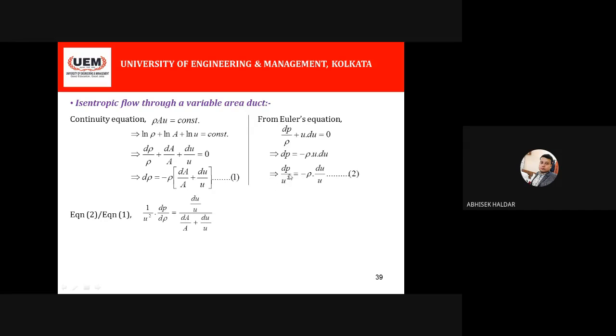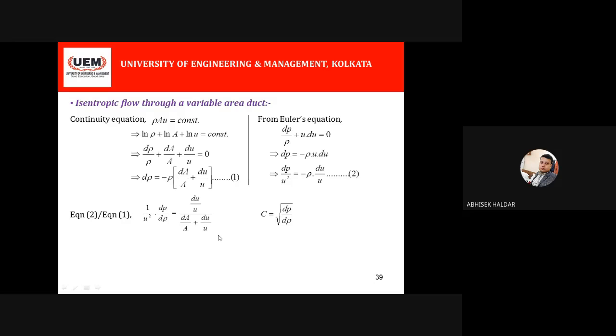Left hand side is very simple. What am I having on the right hand side? You see there is a negative here, and here also I am having one negative, so that minus sign will cancel out. Rho will also cancel out, since here I am having rho and here I am also having rho. So du by u divided by dA by A plus du by u. Okay, so this term I will get.